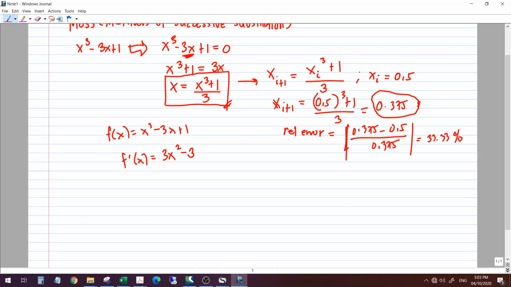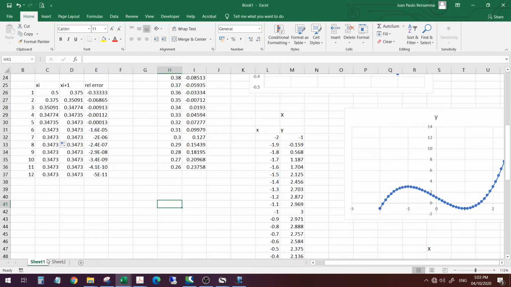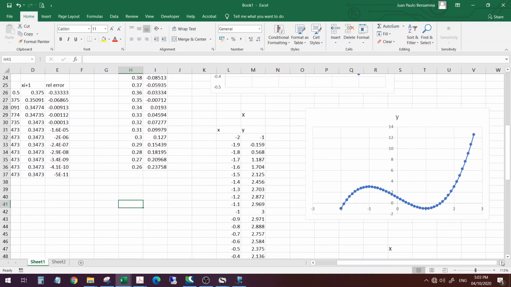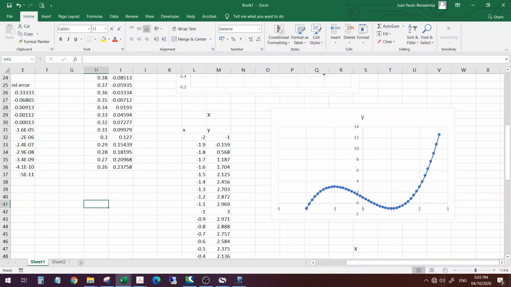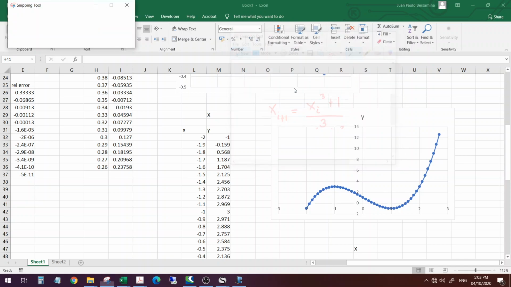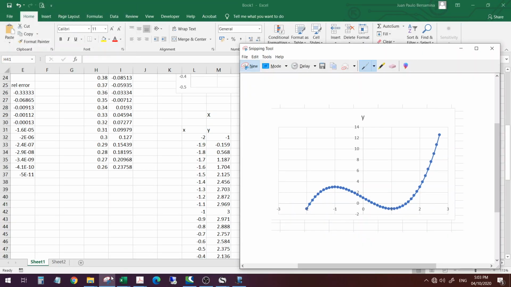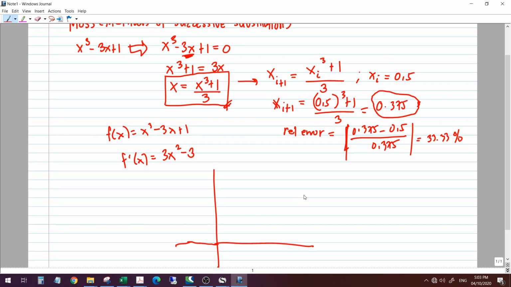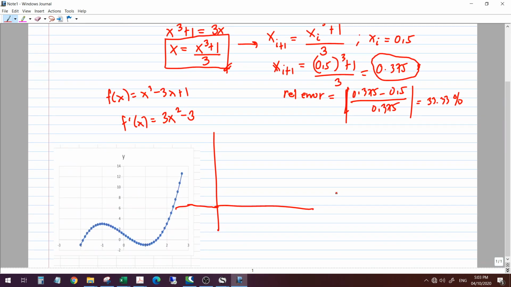Okay, so again, if we review the graph of our function x cubed minus 3x plus 1, so I'll erase this.